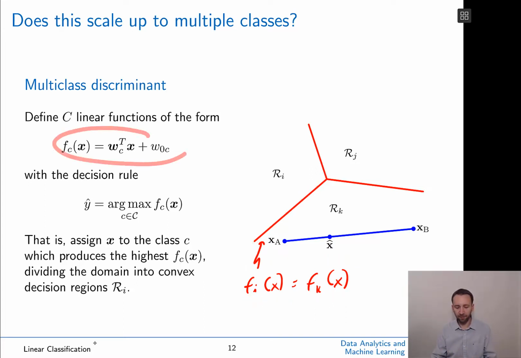Since this is a linear function and we set it equal, the solution to this equation is also a linear term. Same here, and overall we get this nice linear separation between the classes. So this multi-class discriminant is what you should usually use if you have multiple classes: just learn multiple of these and take the argmax.